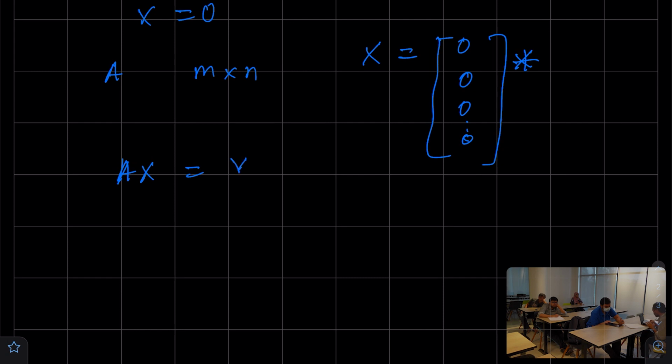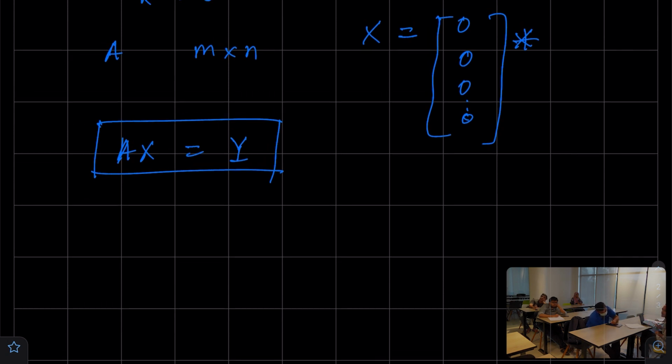But the system is defined by Ax equals y, so the left hand side is 0, but the right hand side is not 0. That means this system doesn't have a trivial solution.